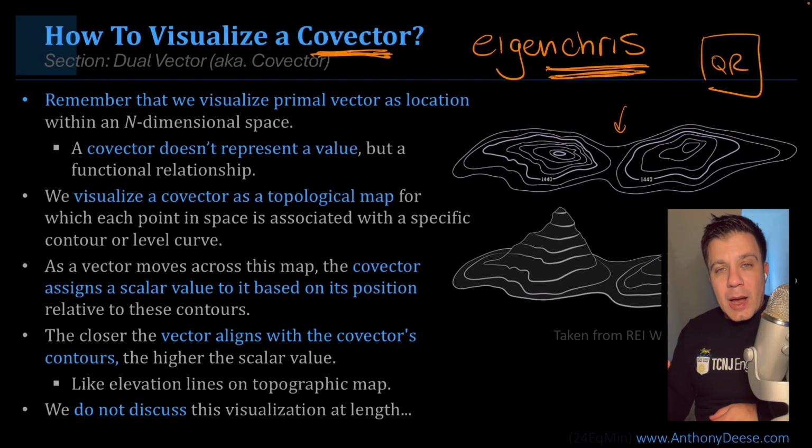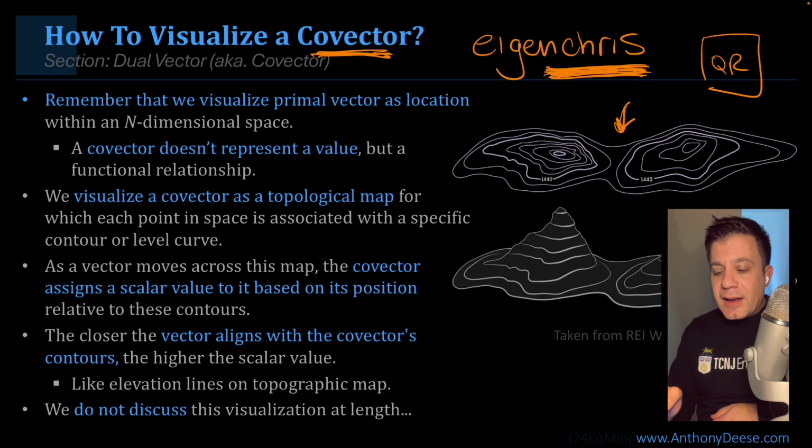They do a really great job of demonstrating how something like a topological map can be used to visualize the covector. So if you're more interested in that topic, refer to the Eigenchris YouTube channel and look for his video on covectors. Overall, I still recommend you check out that channel. He has lots of really great stuff on there. I haven't looked at all of it, but the tensor related stuff I found very interesting.